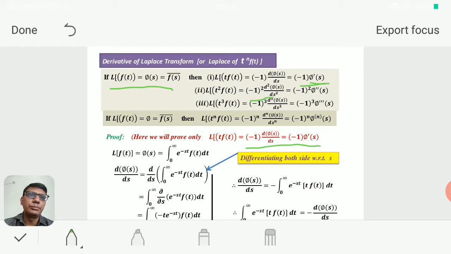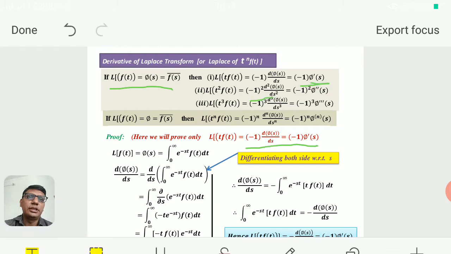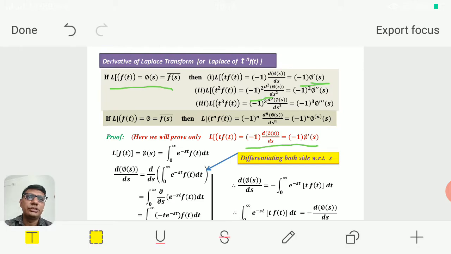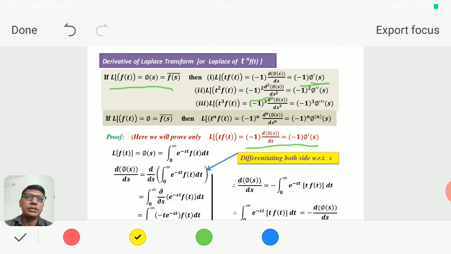First, we will prove only the first property. We know that Laplace of f(t) is the integration from 0 to infinity of e raised to minus st f(t) dt. This is our Laplace of f(t).